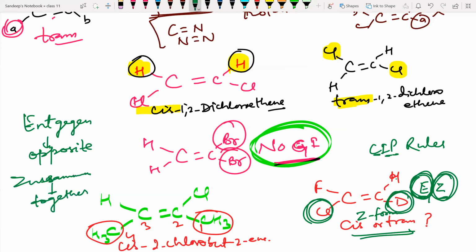So when the groups are together, like these groups are on the same side, it is Z form. Understood? In case of any element, we see the atomic number, but in case of isotopes, we see the mass number, because isotopes have the same atomic number.